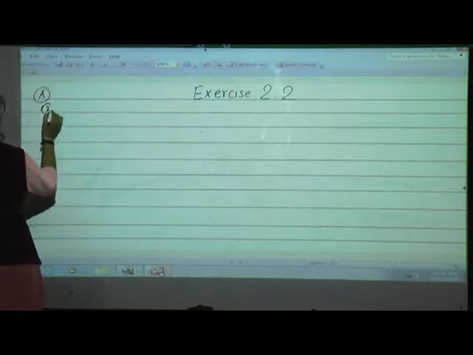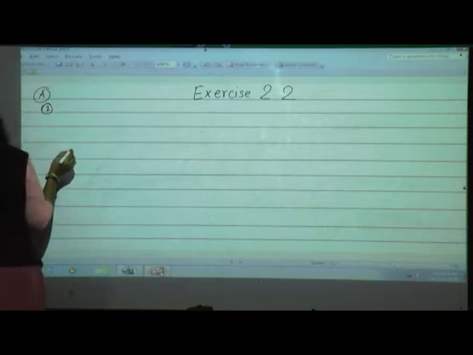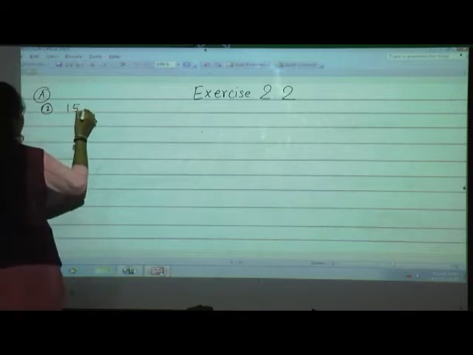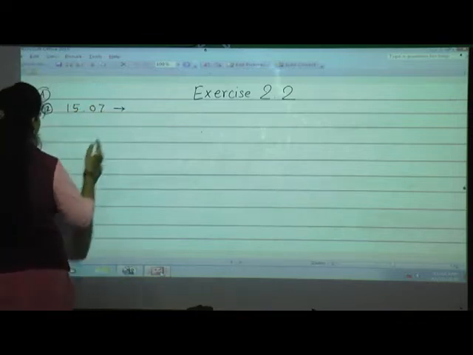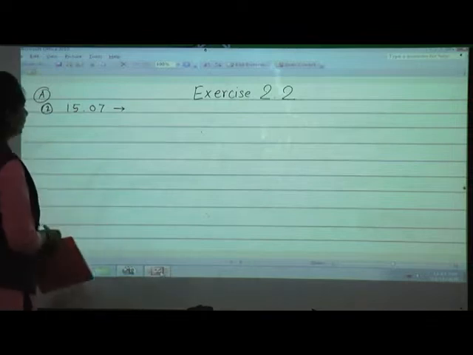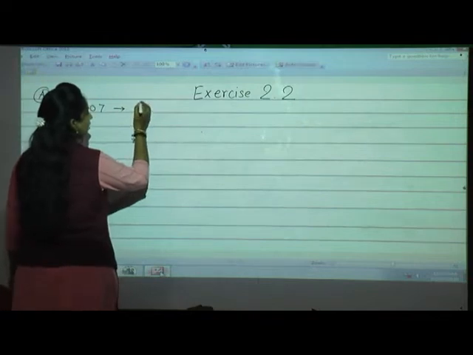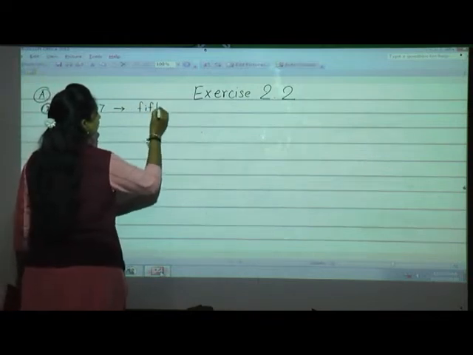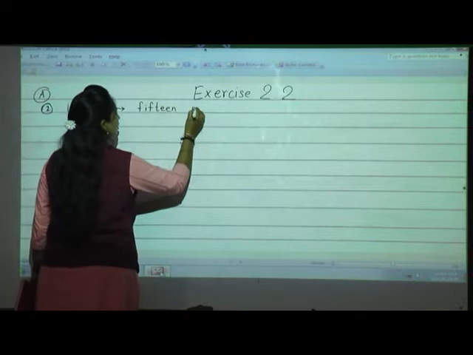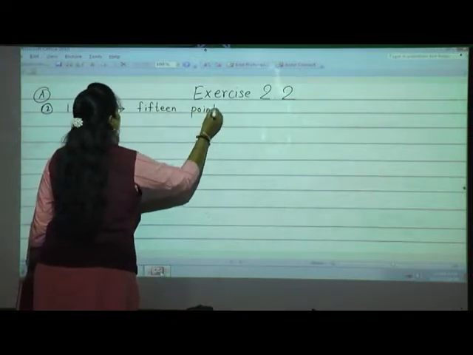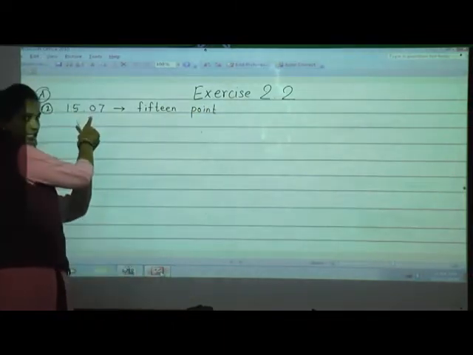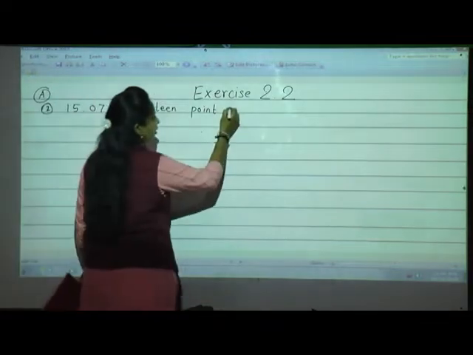First one they have given already, second one we will solve. See how we can write 15 point. So write here 15 point, what we will write, 0, 7.